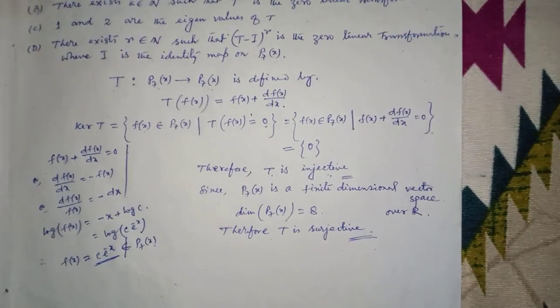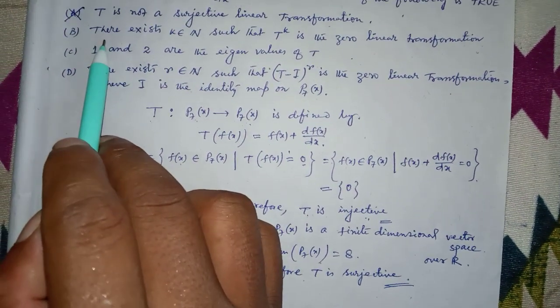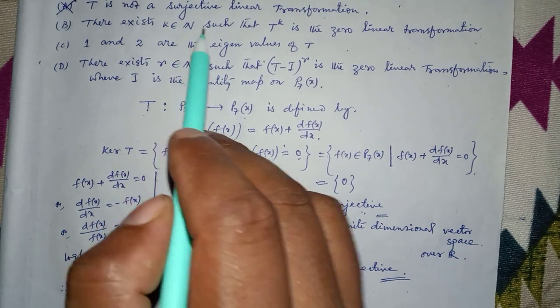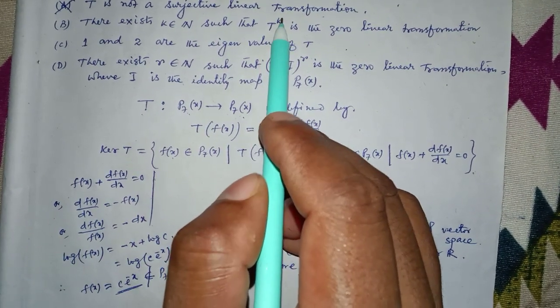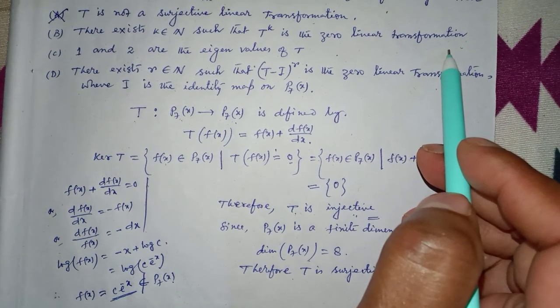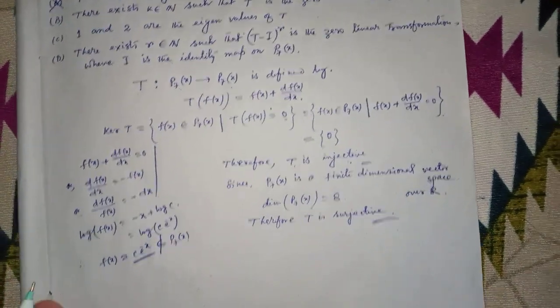Now option B says that there exists k belonging to the natural numbers such that T to the power k is the zero linear transformation.